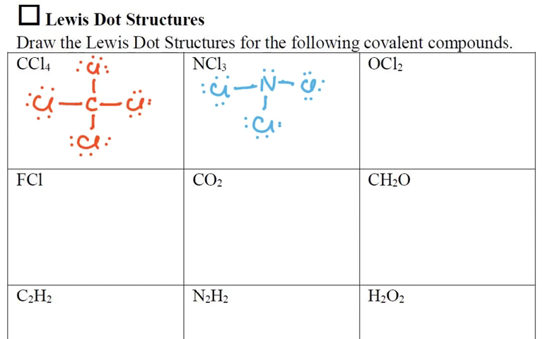OCl2. Okay, oxygen. Let's get a different color. Oxygen has 6 valence electrons. That means it has 2 places where it can make bonds. So when we had our model kits, the red spheres were the oxygen atoms, and they had 2 holes drilled in them. And those 2 holes were not on opposite sides.